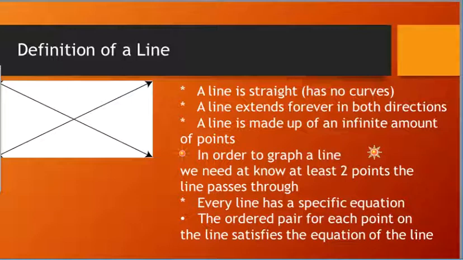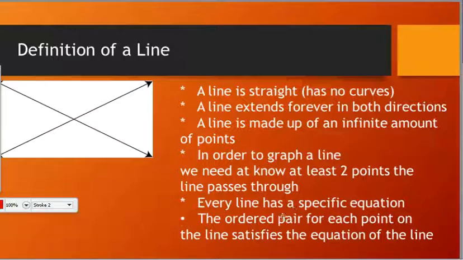In order to graph a line, we need to know at least 2 points the line passes through. Every line has a specific equation, and the ordered pair for each point on the line satisfies the equation of the line.